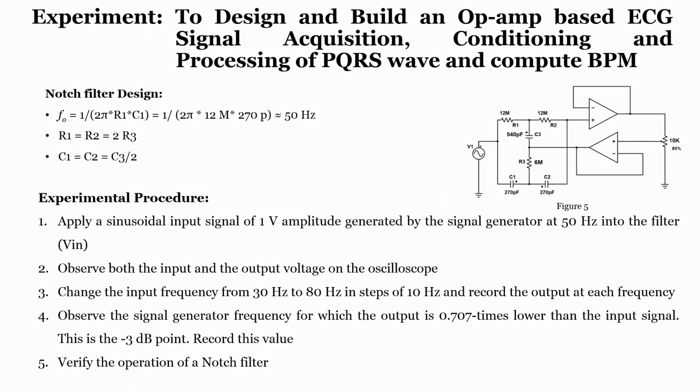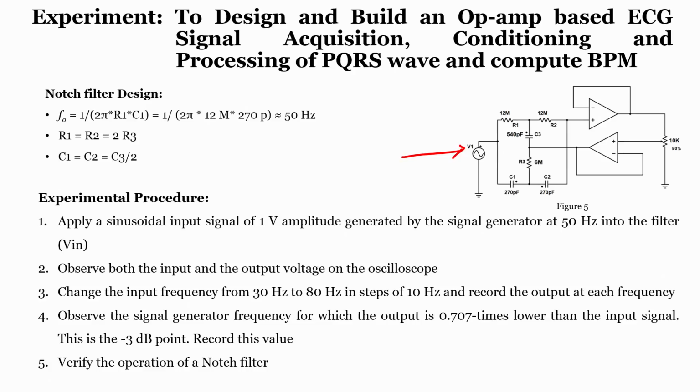You of course know how the notch filter is designed, we have seen in our earlier course. So, notch filter design is Fa equals 1 by 2 pi R1 C1, we put the values of R1 and C1 and we get 50 hertz. You see here the values of R1 and R2 are extremely high, because we need to reject only the 50 hertz signal while accepting all other frequencies.